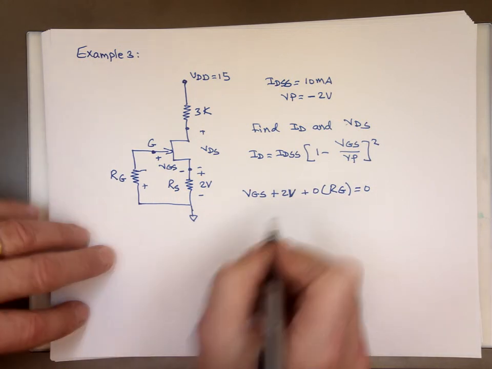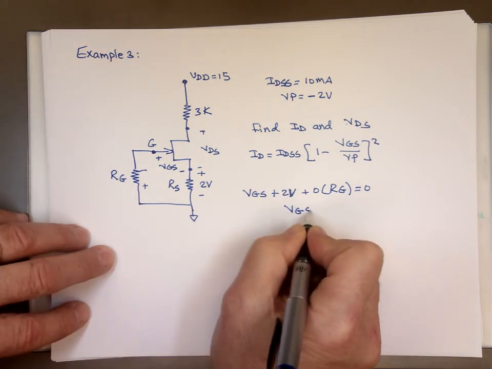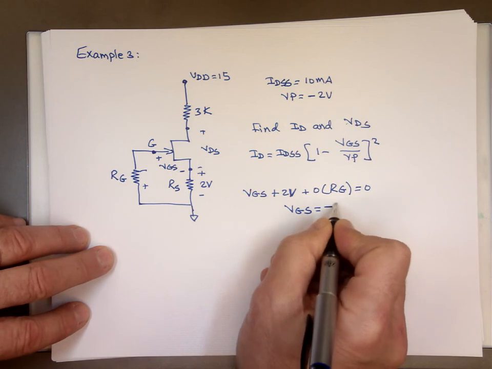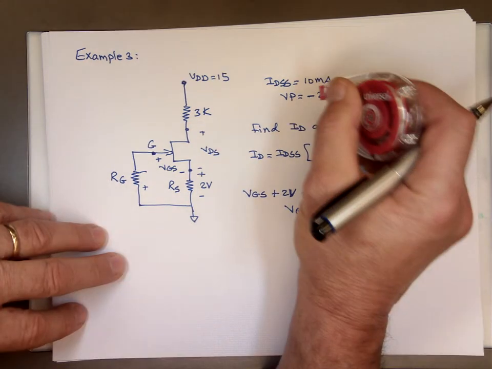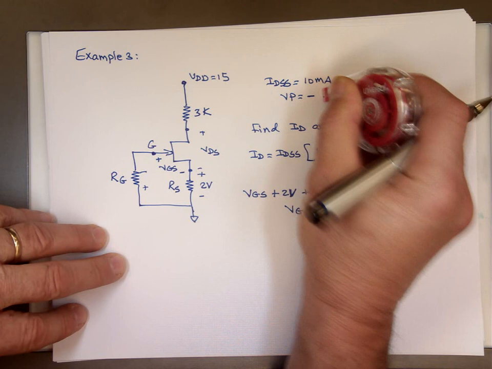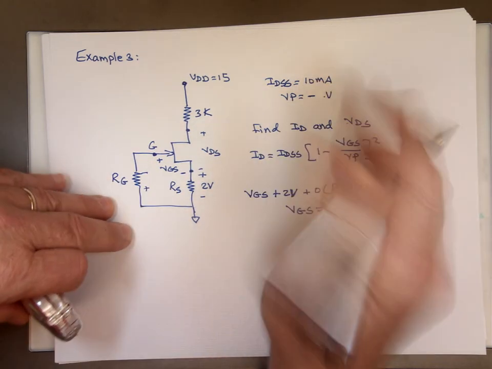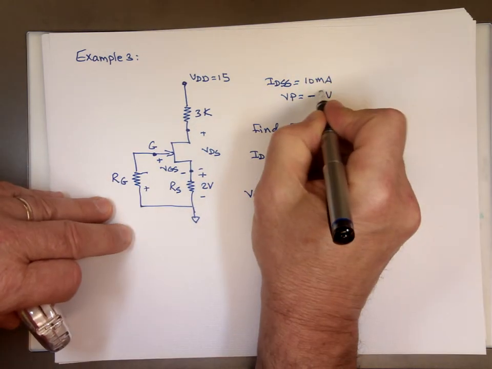That tells me VGS here is equal to negative 2 volts. I should have picked a value besides negative 2. You know what? Let me make VP for this example negative 3. Let's change VP to negative 3 instead of 2.